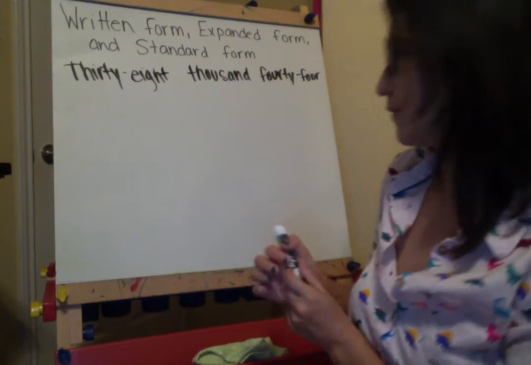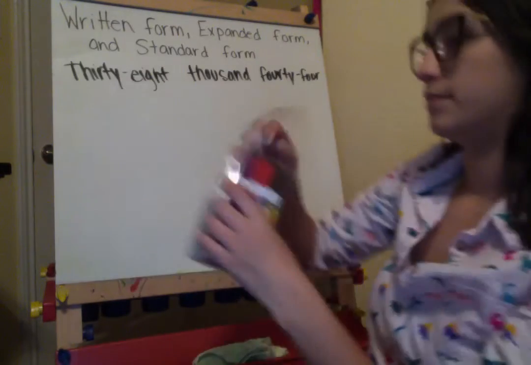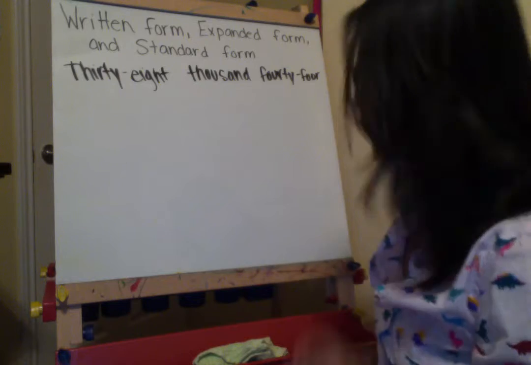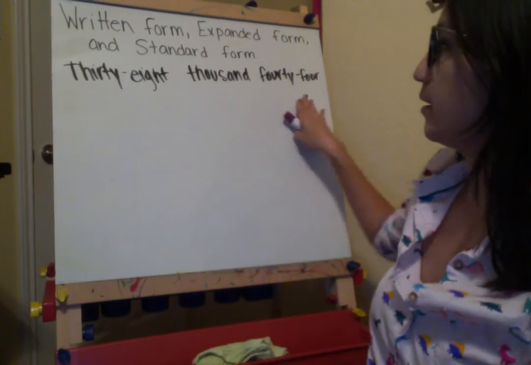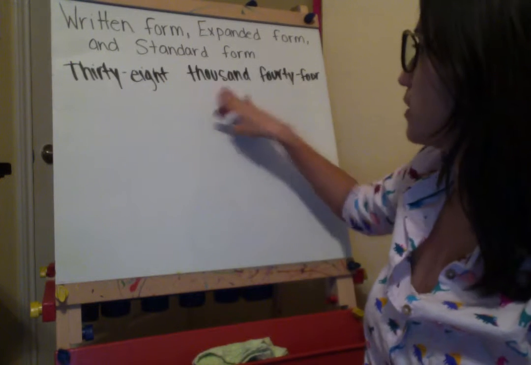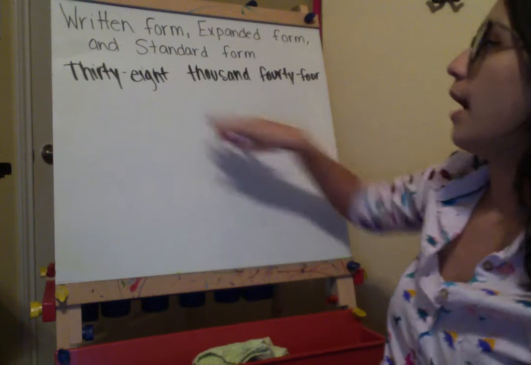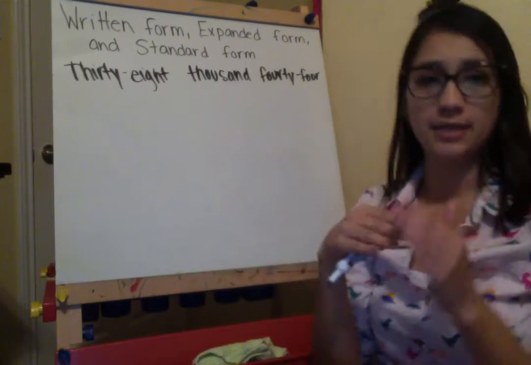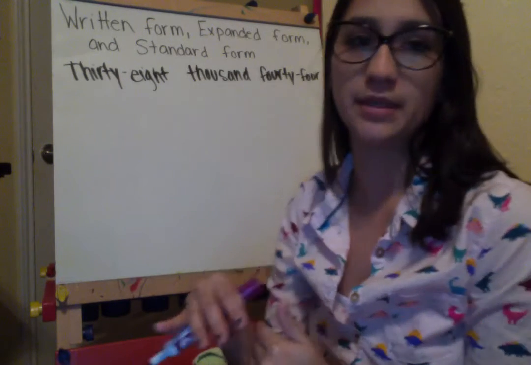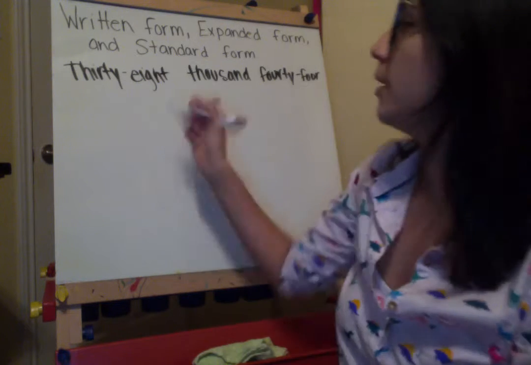And I'm going to get a different color to do the different form. So let me get that. Okay. So we have our written form here, and this is 38,044. I preferably like going from written form to standard form before I go into expanded form, and I have a reason for that, but let me show you.